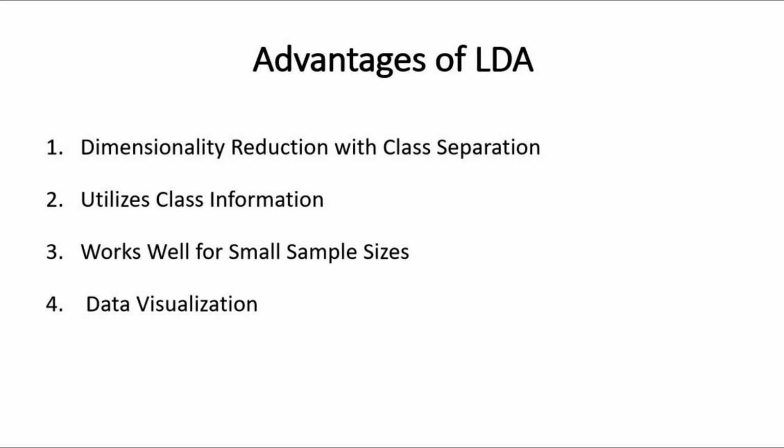Third, it works well for small sample sizes. LDA can handle situations where the number of samples is small compared to the number of features. Fourth, for data visualization, the reduced dimensional space generated by LDA can be visualized, making it easier to observe the separation between classes and the distribution of data points.